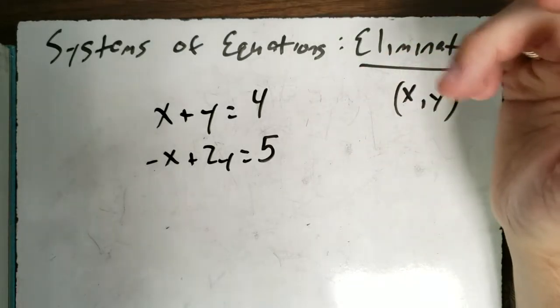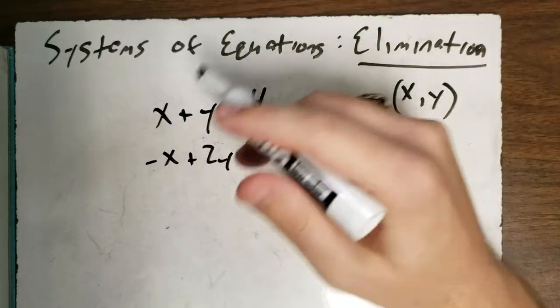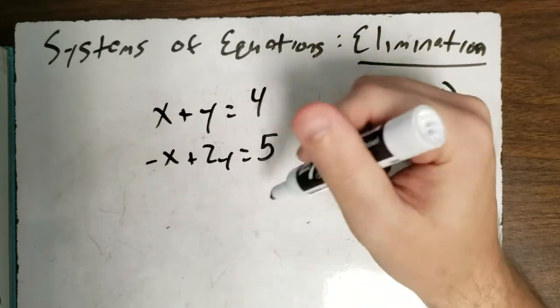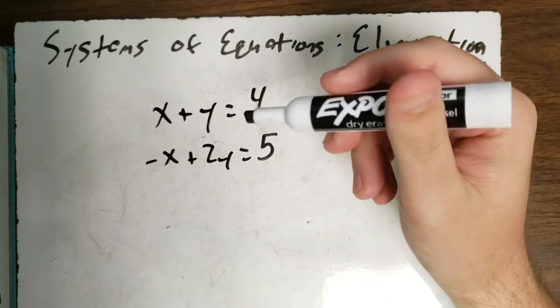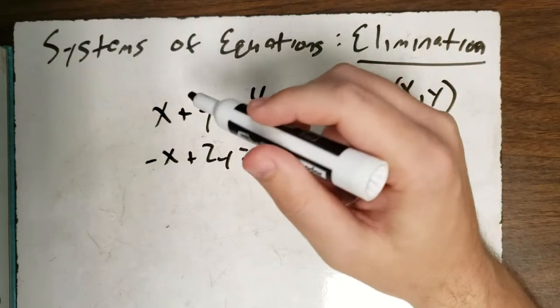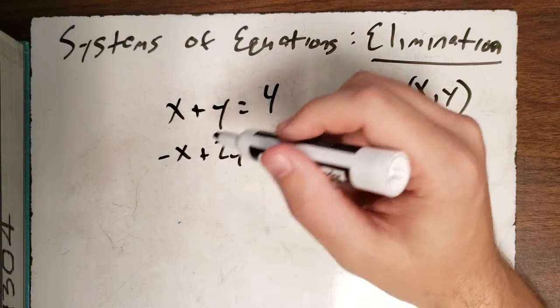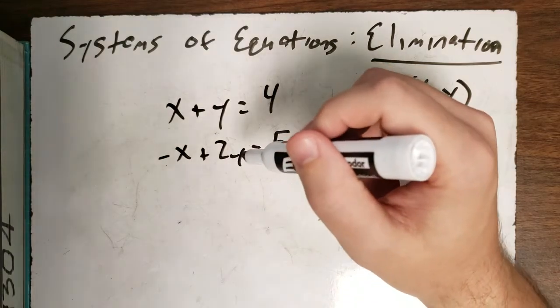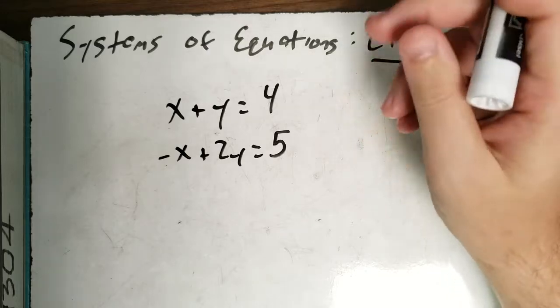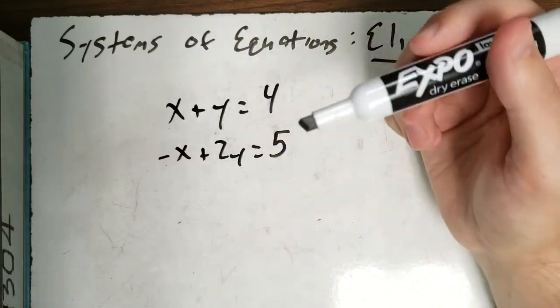For example, with this one right here, looking straight down, we're adding everything up. What letters can we cancel out? We have x here and a negative x here, and a y here and a positive 2y here. To cancel something out adding straight down, we need a positive and a negative of the same thing.